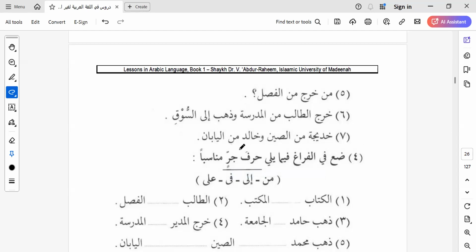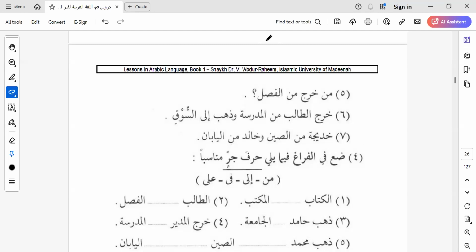I think it's in the accusative case due to the verb. I think this yali is a verb. Yeah, it is in the accusative case, right? Do you all agree to that? Mansub.